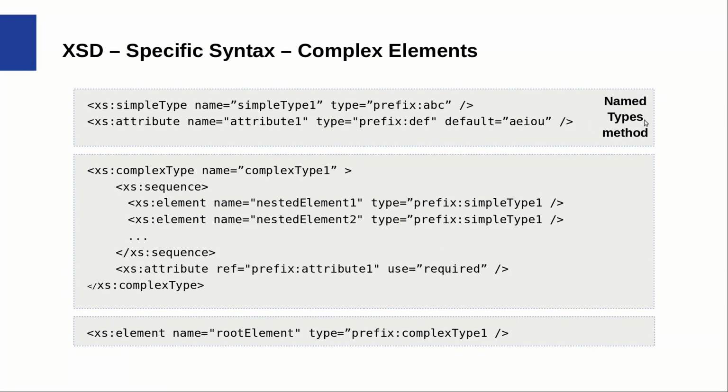So even at the named types method, you also have to use the ref attribute for referring to the attributes globally declared. But mainly what you'll be doing is referring to global types by using the attribute type inside the declaration of elements, either inside complex types declarations or when referring to the global type at the definition of the future root element, which is declared globally.